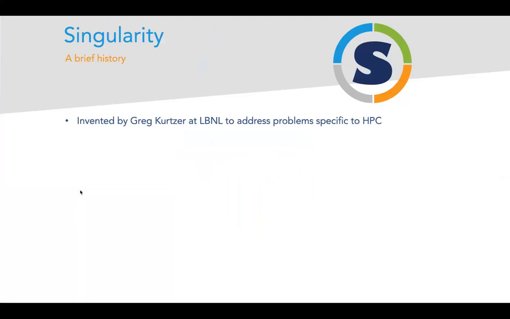So I already mentioned Greg's name. Greg Kurtzer invented Singularity while working at Lawrence Berkeley National Labs. He was an HPC architect. He had been there for about 20 years. And he had the same experience that many of us in HPC were having around that point in time, around 2015, where users were coming to him and asking to install Docker on the system.